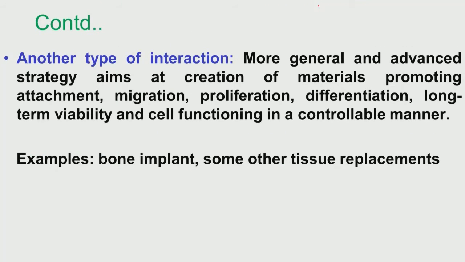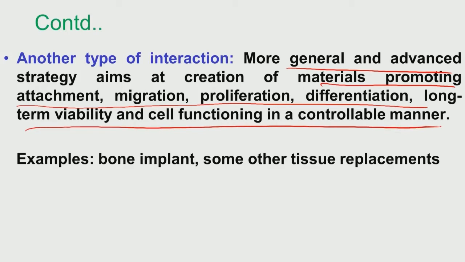Another type of interaction is a more general or advanced strategy that aims at creation of materials which promote the attachment, migration, proliferation and differentiation, and long term viability and cell functioning in a controllable manner. This is important for bone regeneration, like bone implants and other tissue replacements.